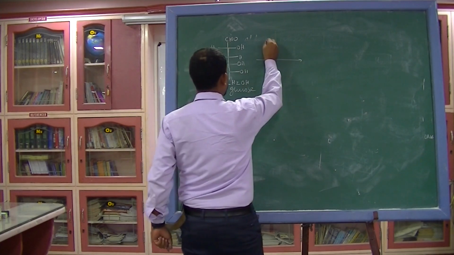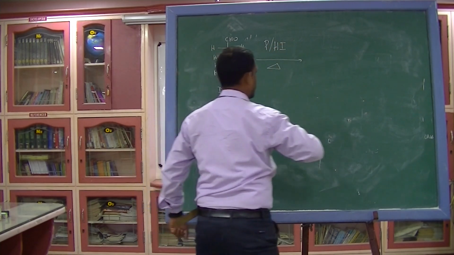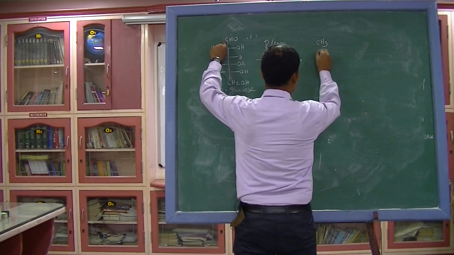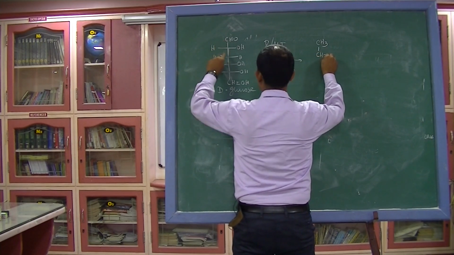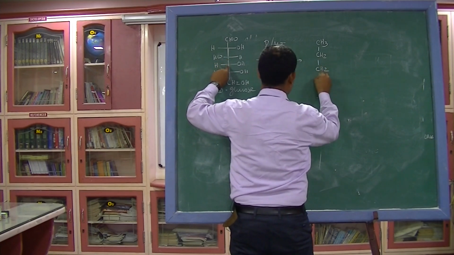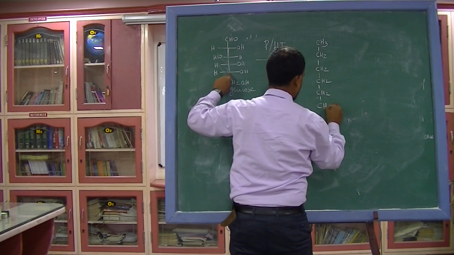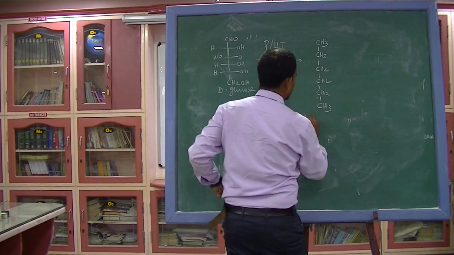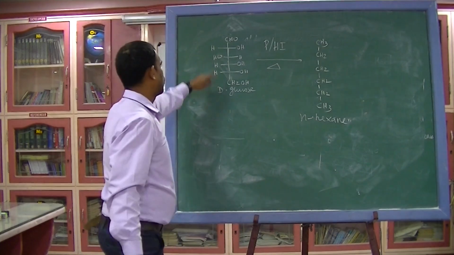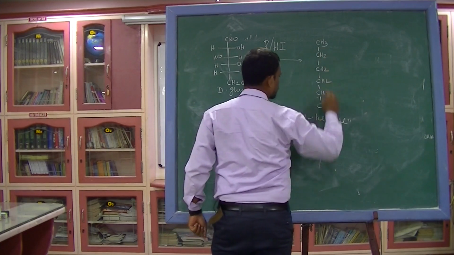If you treat with phosphorus and hydroiodic acid and heat this mixture, it gives n-hexane: this part will become CH3, and the carbons become CH2, CH2, CH2, CH2 and CH3. This is nothing but your n-hexane. So if you treat D-glucose with phosphorus and HI, it becomes n-hexane.